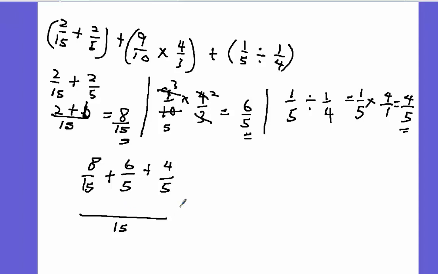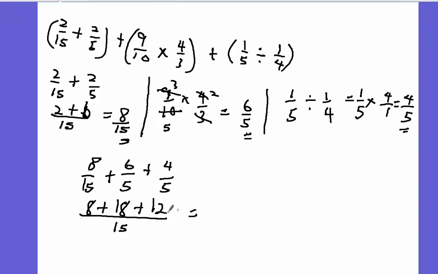15 into 15 is 1. 1 times 8, that's times the numerator, is 8. Right, plus why 5 goes into 15 3 times 6, that is 18. 5 goes into 15 3 times that's 12.